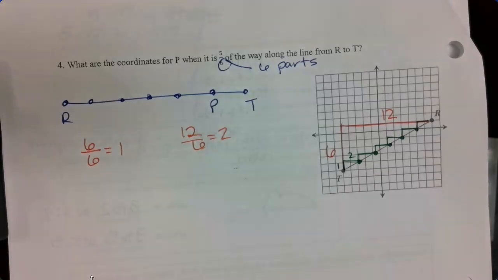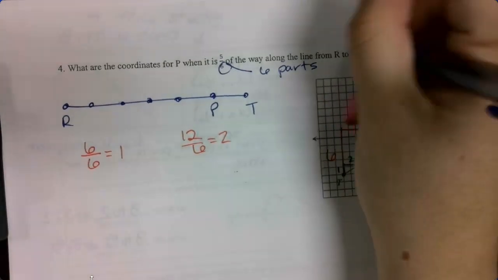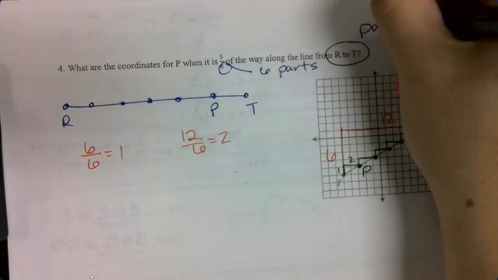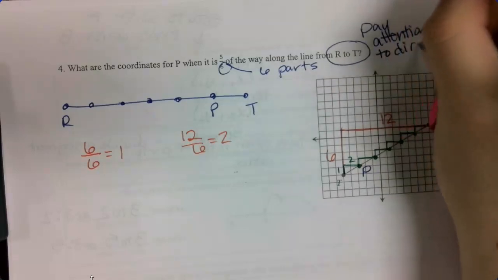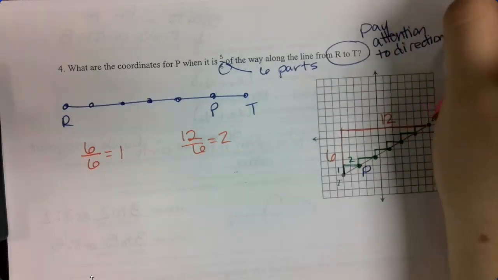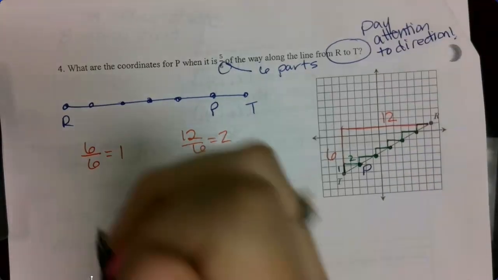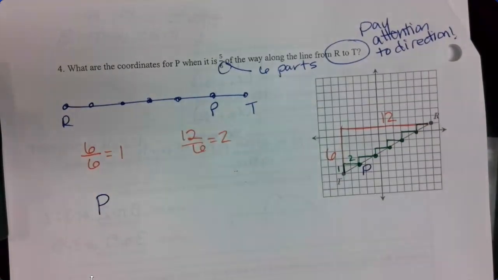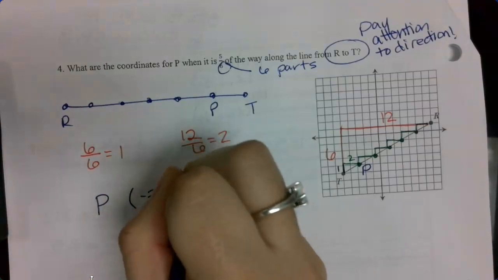This one is going to be my P. Okay, so what's the coordinate point of P? -3, -4.